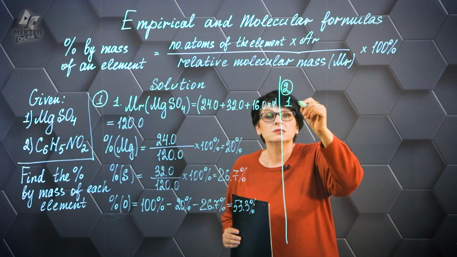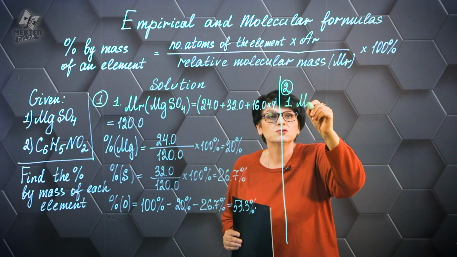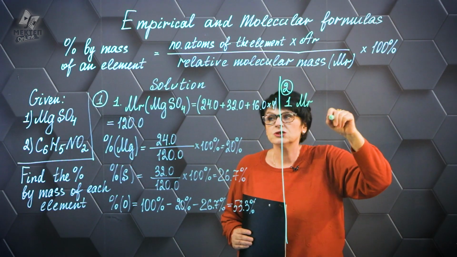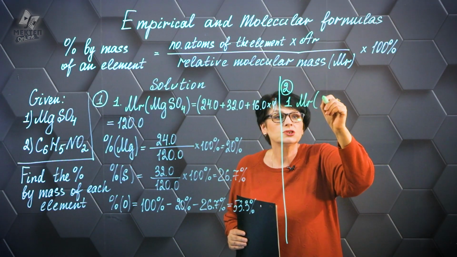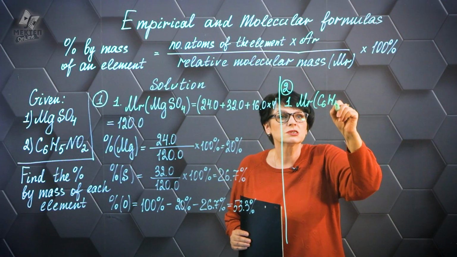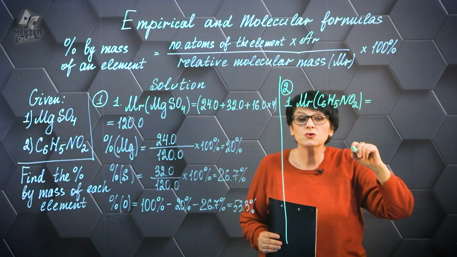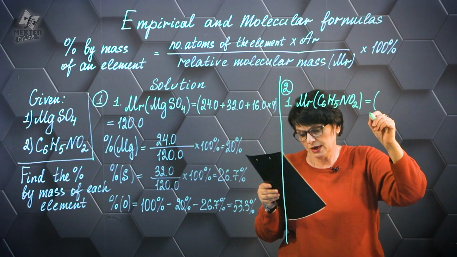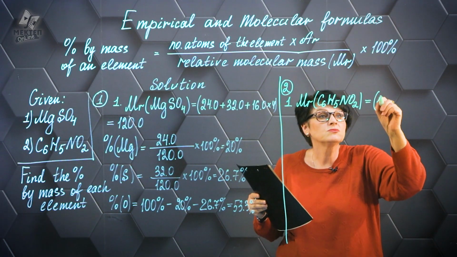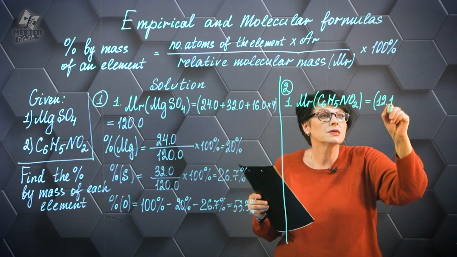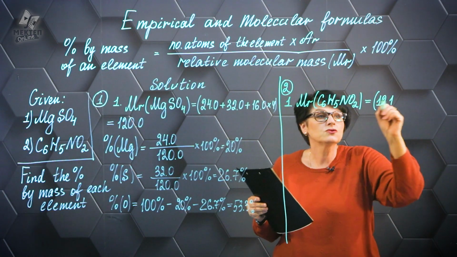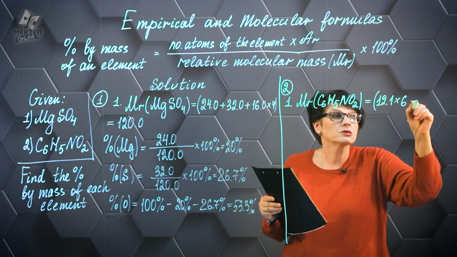So let's conduct our calculations to 2 significant decimal places. The substance nitrobenzene C6H5NO2, we calculate in exactly the same way. So for carbon, we will take 12.01, but since we have 6 carbons, we multiply by 6.